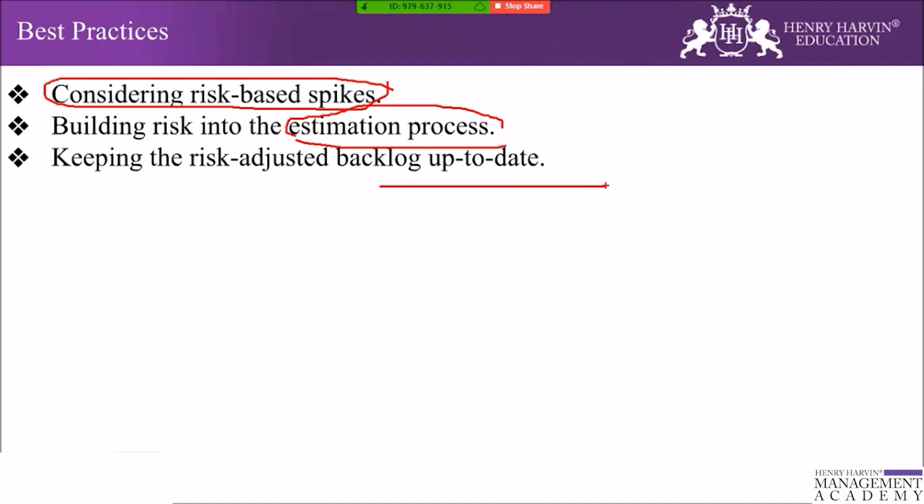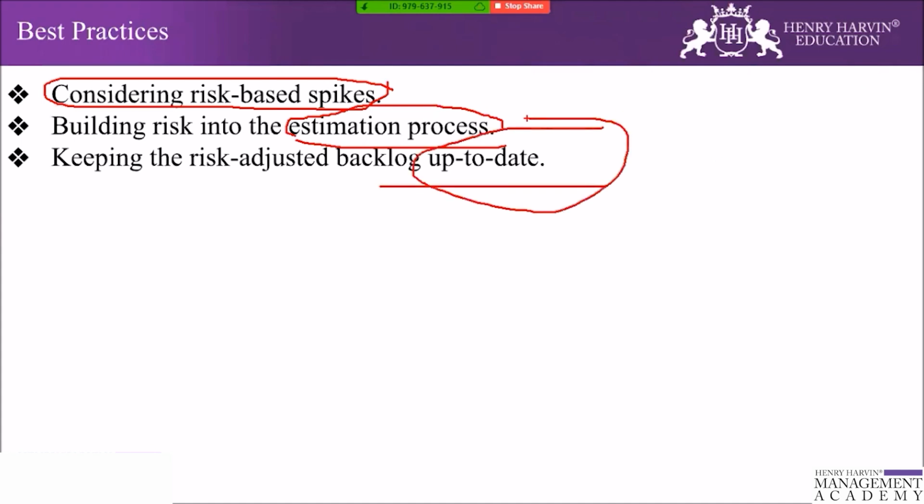If the risks themselves have lessened or gone away, stakeholders may get a wrong idea about risk if the risk contingency reserve shows a high value of remaining risk even in the middle or the end phase of the project. So to make sure that the risk adjusted backlog is communicating the correct amount of risk for the project, make sure that those risks are up to date.